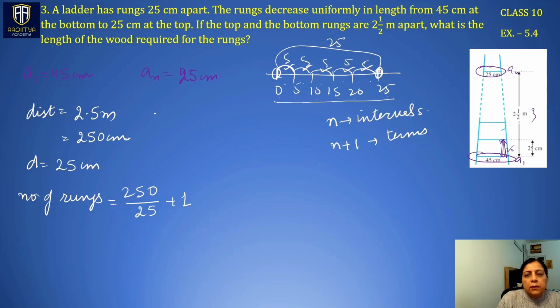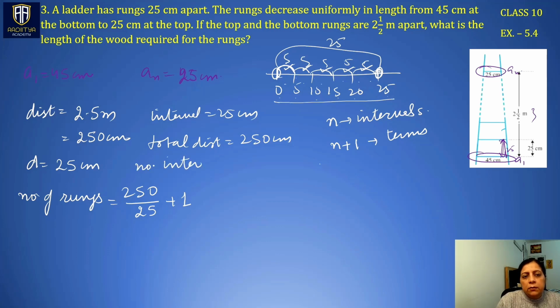Every interval is of 25 centimeters, and the total distance is 250 centimeters. So how many intervals do we have? The number of intervals between the first and the last rung is 250 by 25, which is 10.